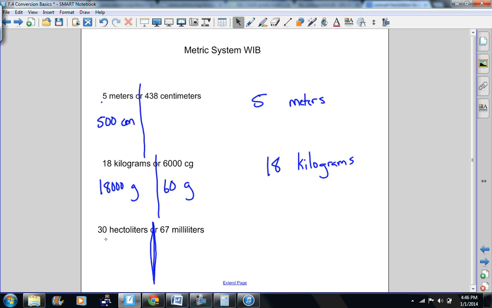So that means I got to add 5 zeros here. 1, 2, 3, 4, 5. So 3 million is bigger than 67, so 30 hectoliters is bigger. So the metric system is actually a little bit easier here. You can still use the Google conversions to help remind you, but if you can just have those memorized, it'll make your life a lot easier.